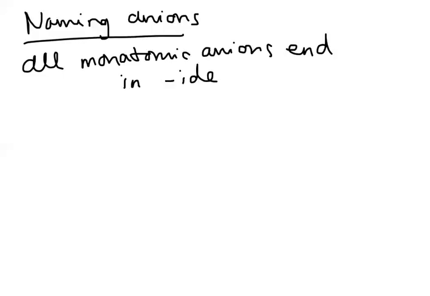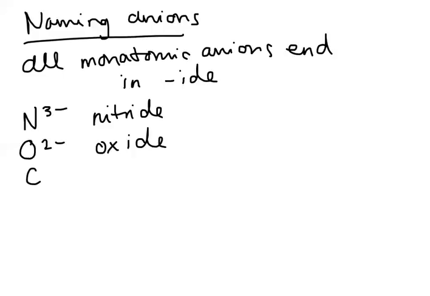So these are things like N3- nitride, O2- oxide, Cl- chloride, P3-. So what do you think that's going to be? Phosphide. So you take the first syllable of the element and you add "ide" to it.